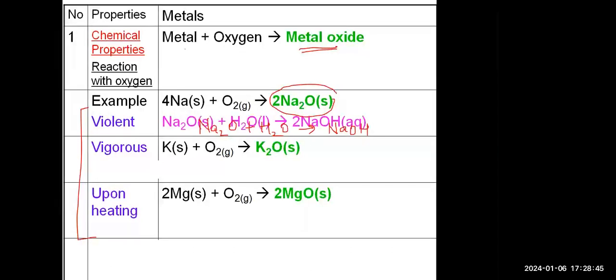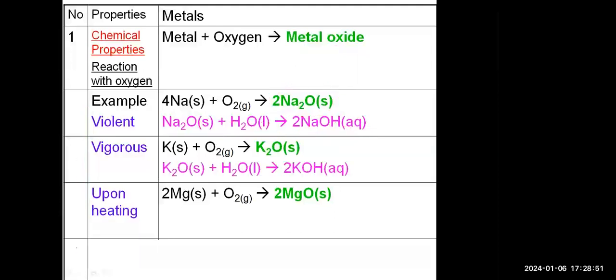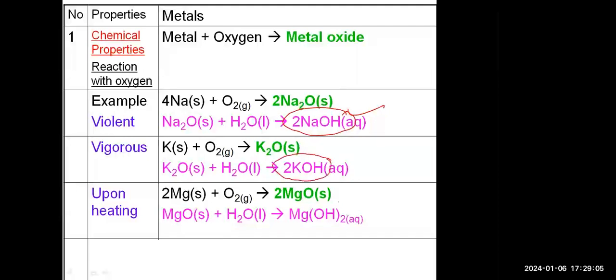Similarly, potassium oxide in water gives potassium hydroxide, and magnesium oxide in water gives magnesium hydroxide. And all three are bases. Potassium hydroxide, sodium hydroxide, magnesium hydroxide, they all are basic in nature.